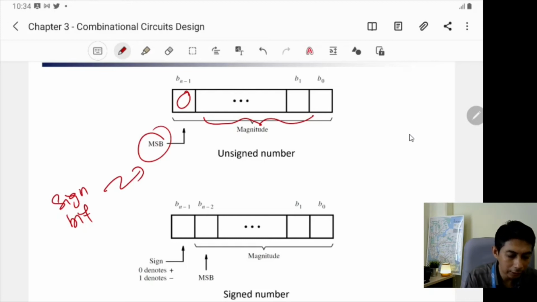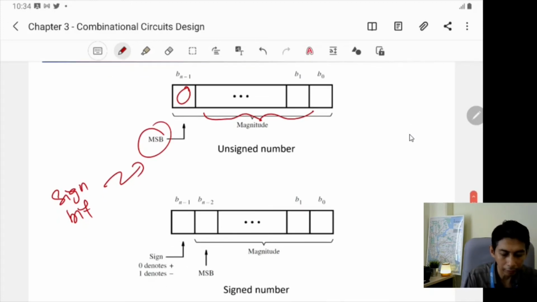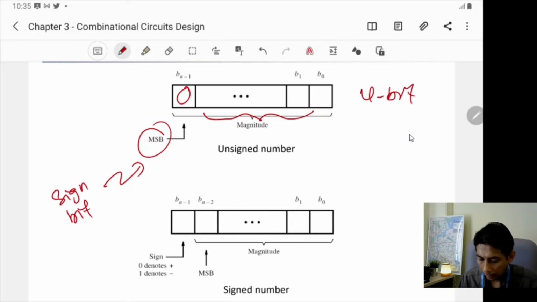So the first negative number representation that we can think of is something like this. Say our system is a 4-bit system, and we want to represent number 2. We can have the first bit, the MSB, as 0, and we have this. This represents positive 2.